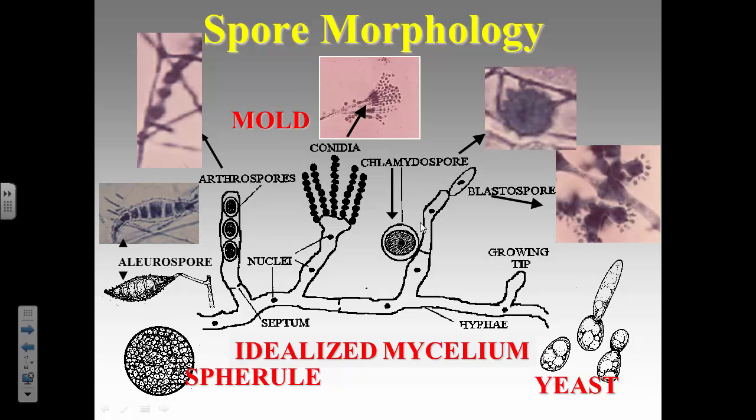Finally, when a hyphae produces a yeast cell off of it, we call that a blastospore. Okay, and hyphae grow at a tip, shown here, or produce spores at their tip. You can see all of these things occur at a tip in most cases.